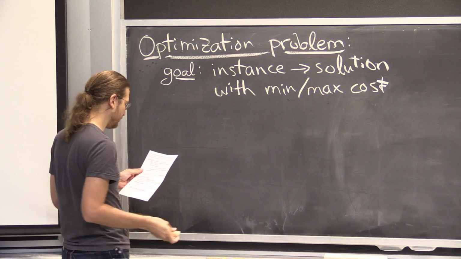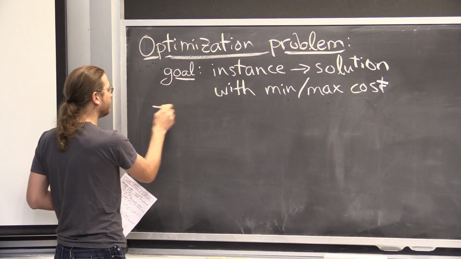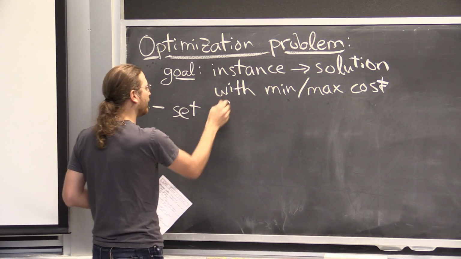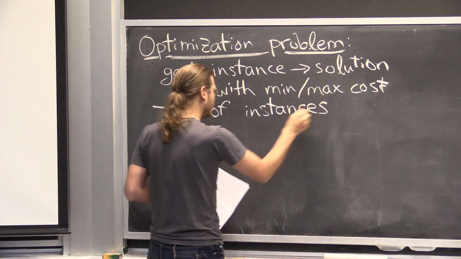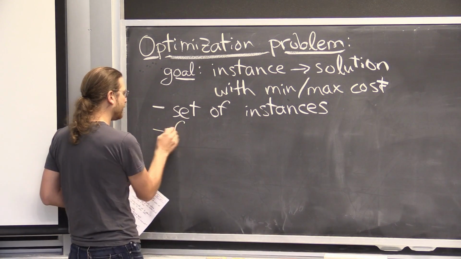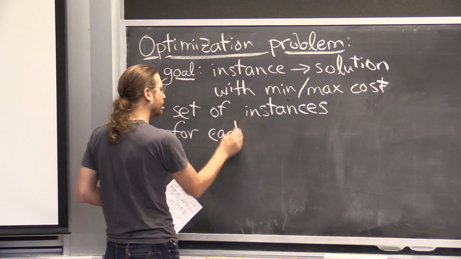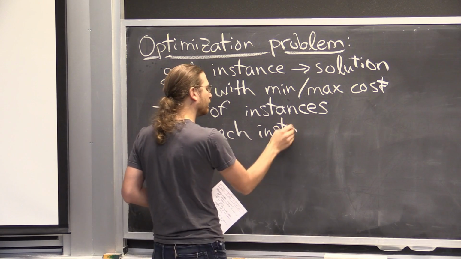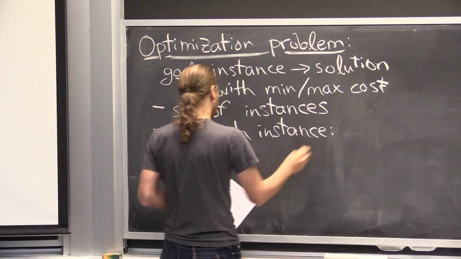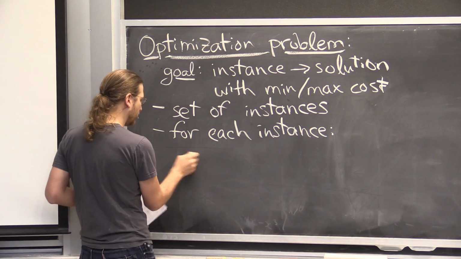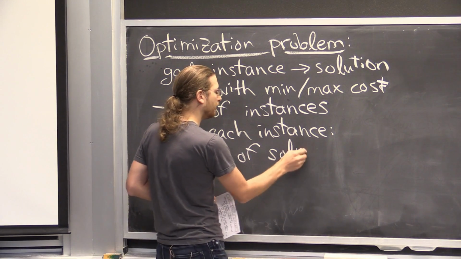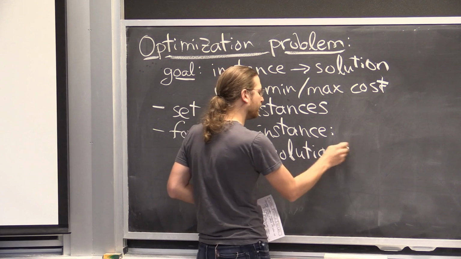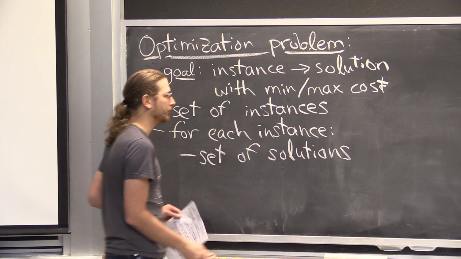And so, in order to specify this, you're given a set of possible instances. That's your usual notion of input. And then for each instance, we are given a set of solutions. Usually these are called feasible solutions or valid solutions. I'll just call them solutions.